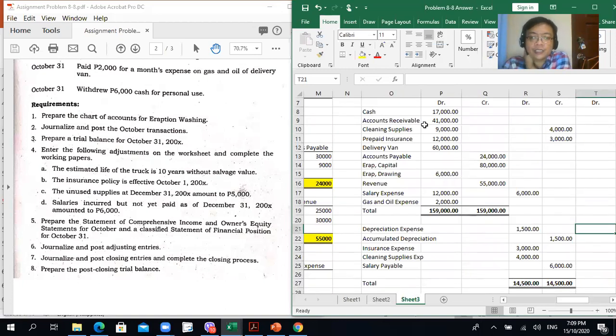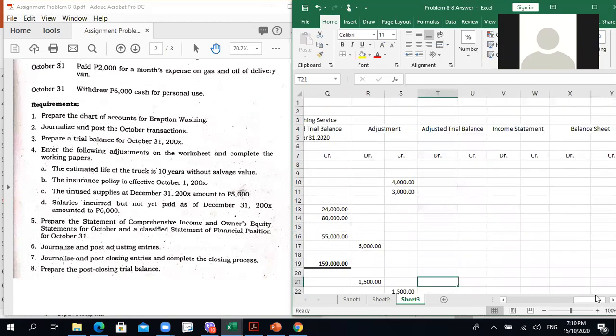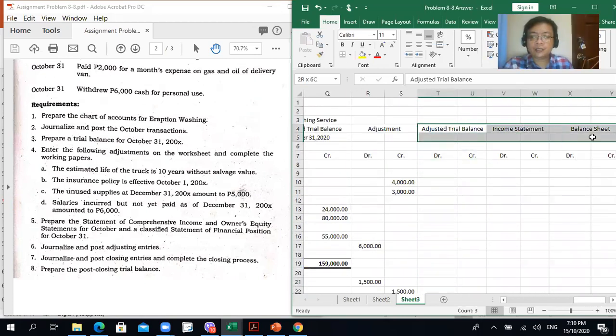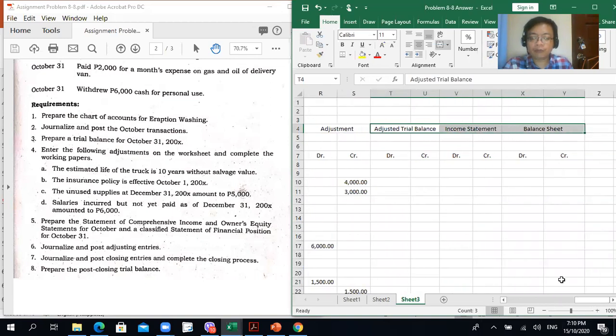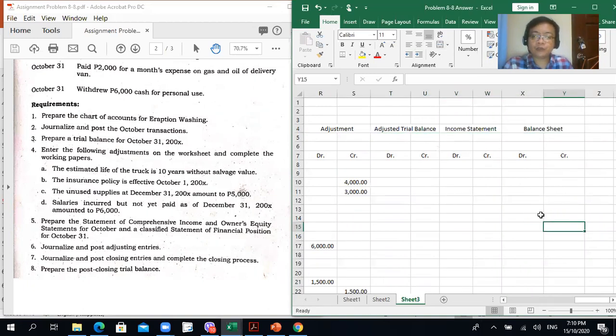Any questions so far? I think you have class after this. Is it clear? Yes, sir. Okay. Next meeting we will do this and we will end up with the preparation of the FS, so we are ready to discuss the income statement as part of your module, and the balance sheet also.